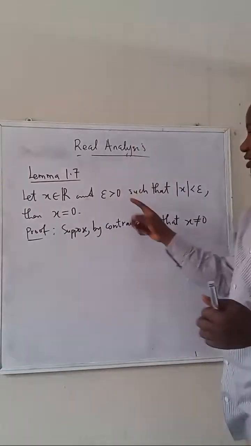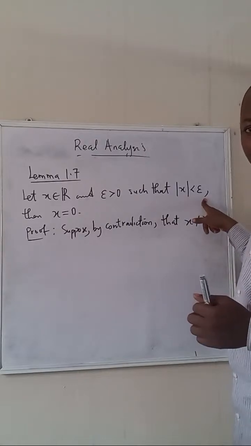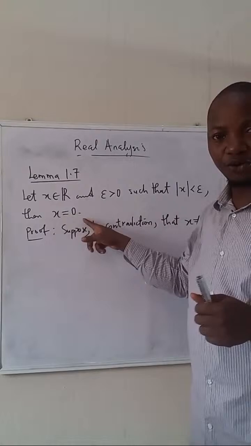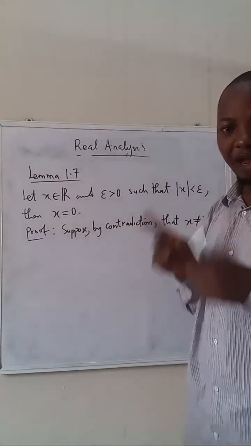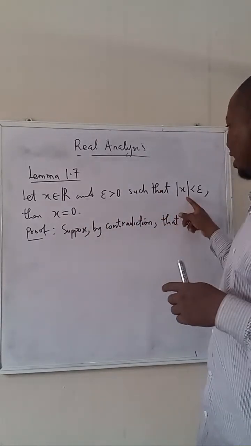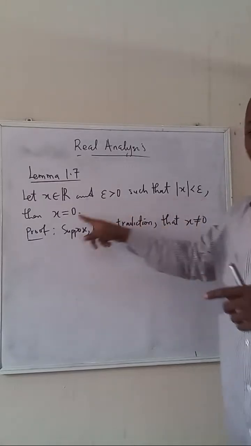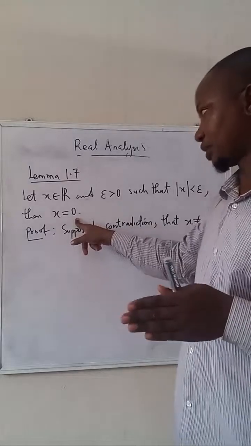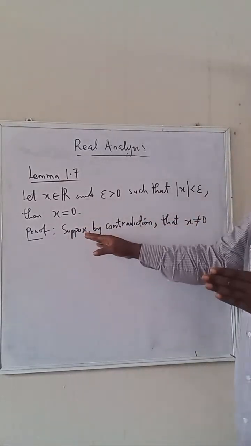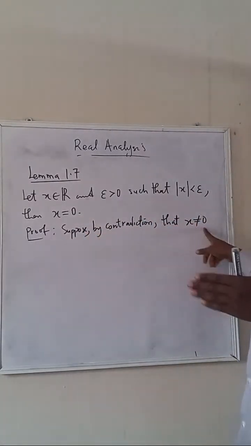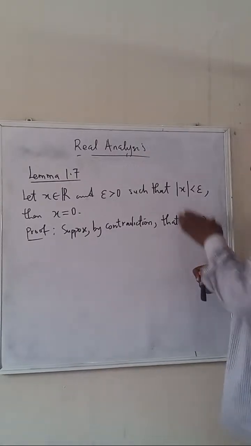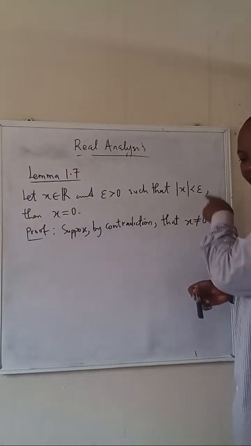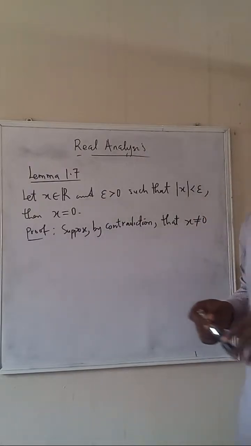What we have said is if this condition holds, then x is 0. Now we want to see whether, if this condition holds and x is not 0, that is okay mathematically. So we suppose by contradiction that x is not 0, and we want to hold on to this and see what will happen.